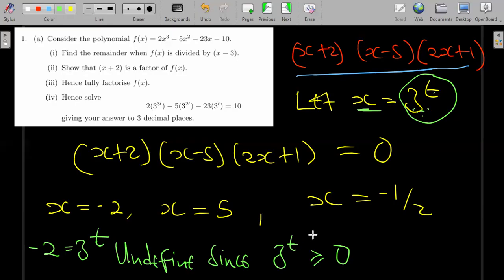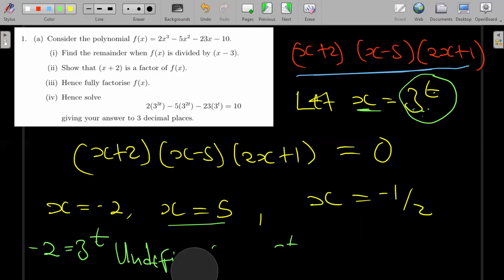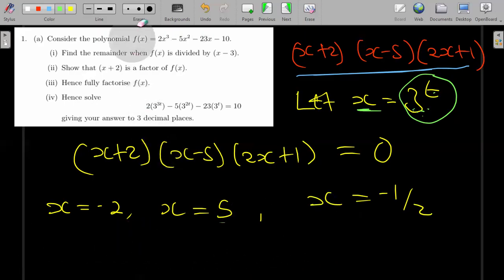And then what about this x is equal to 5? The x is equal to 5 is going to work. So our x, 5, is equal to 3 to the power t. So to find the value of t, we're going to introduce ln here. If we introduce ln there, it means we can drop this power in front.